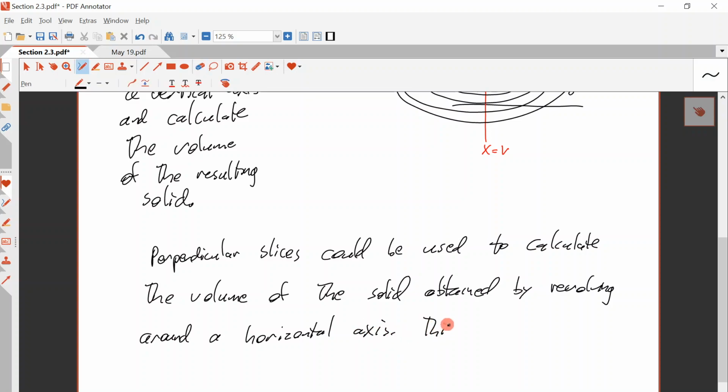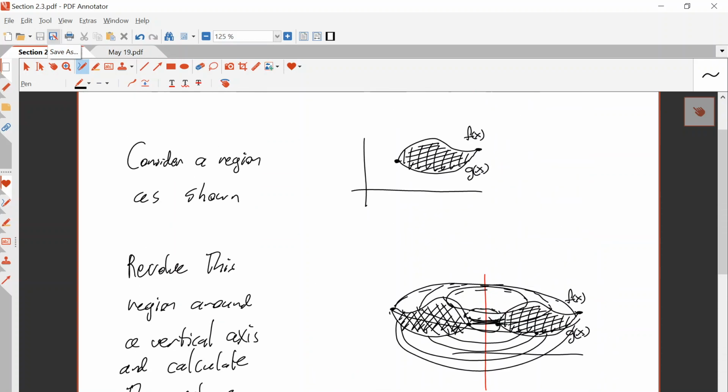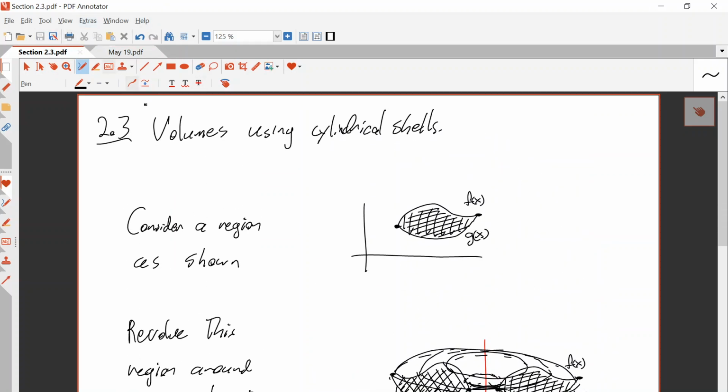This new situation requires a new strategy. It doesn't have to, but in general it does.